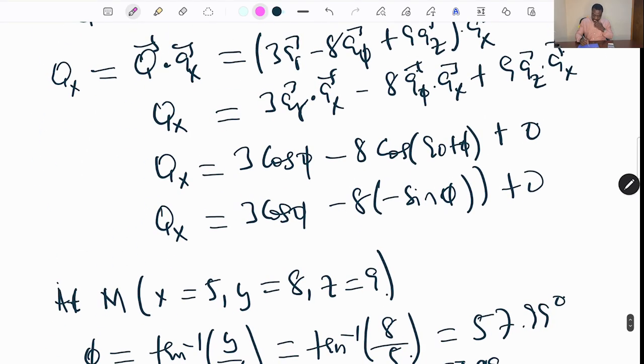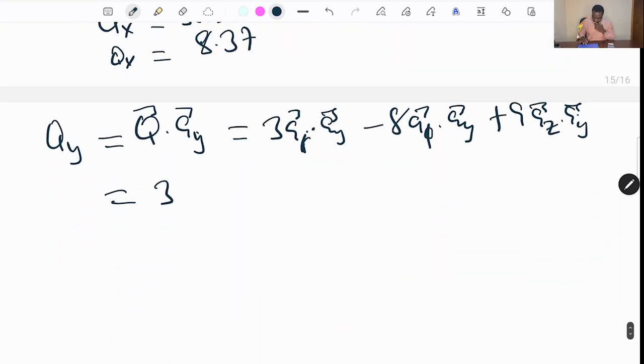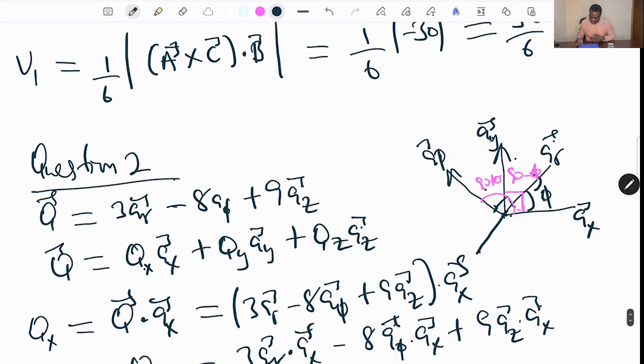So I can write here cos of 90 minus phi. Then I have minus 8 A phi dot A_Y. Where is A phi and A_Y? Here the angle, this angle here, is going to be the same as phi.